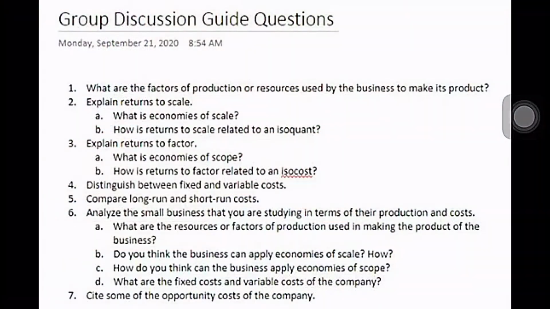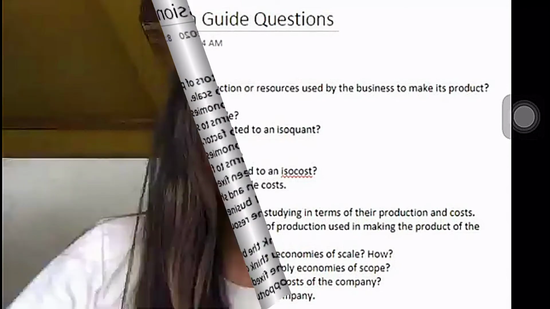Number 6. Analyze the small business that you are studying in terms of their production and cost. A. What are the resources or factors of production used in making the product of the business? The resources or factors of production used in making the product or providing services of our chosen small business are land, where the electricity is used in the business to provide service.